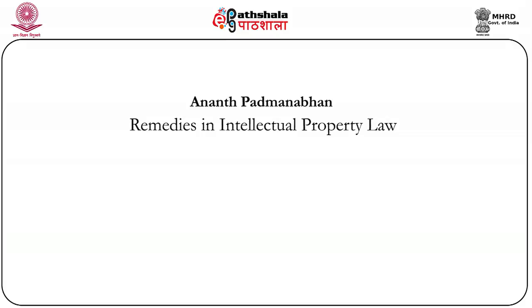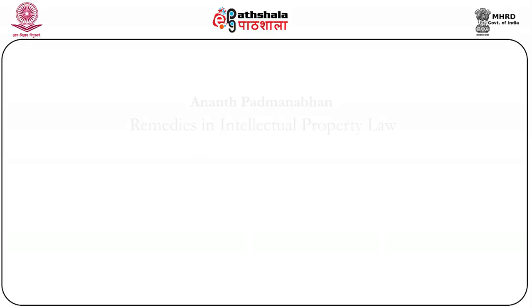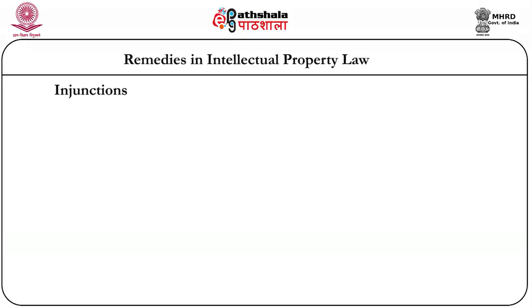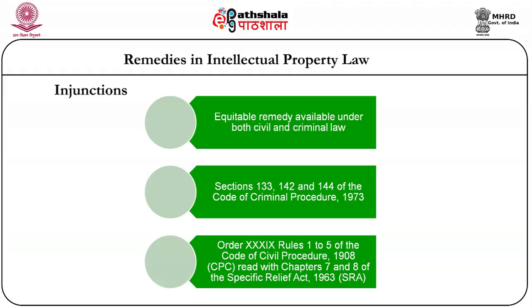So diving straight into the first of these remedies, and clearly the most important in terms of its effect, in terms of what it can achieve for the parties, let us start with injunctions. Now, injunctions are nothing but a restraint or a direction.